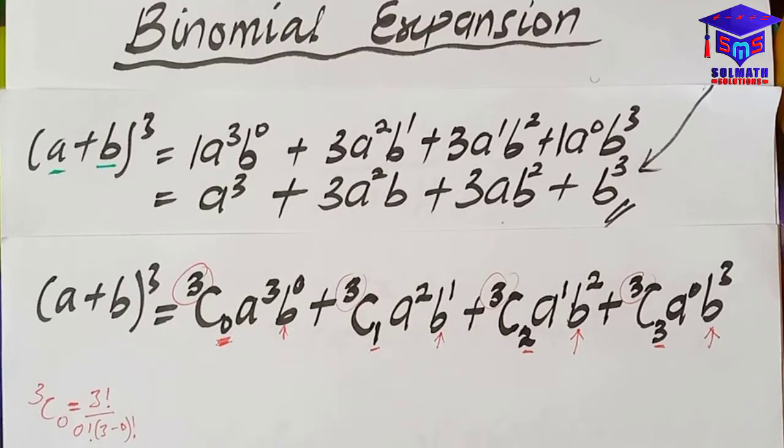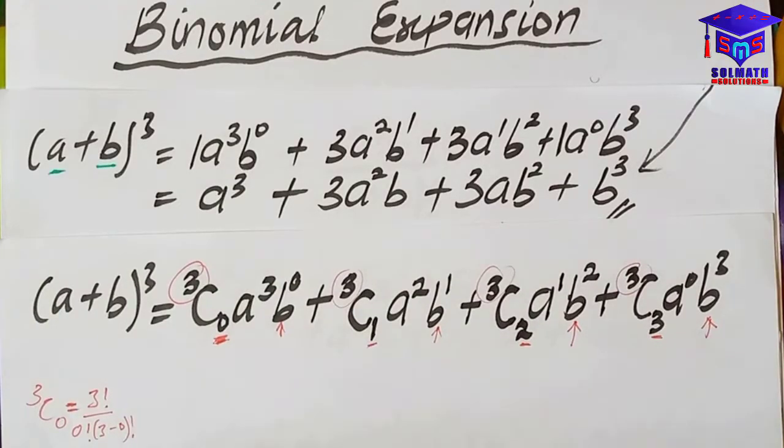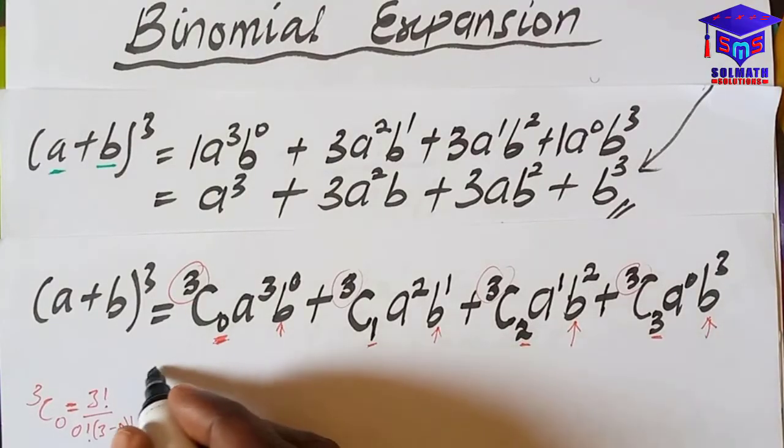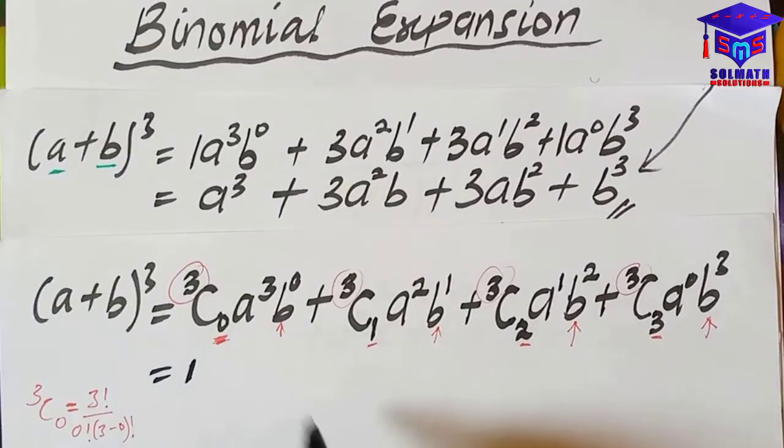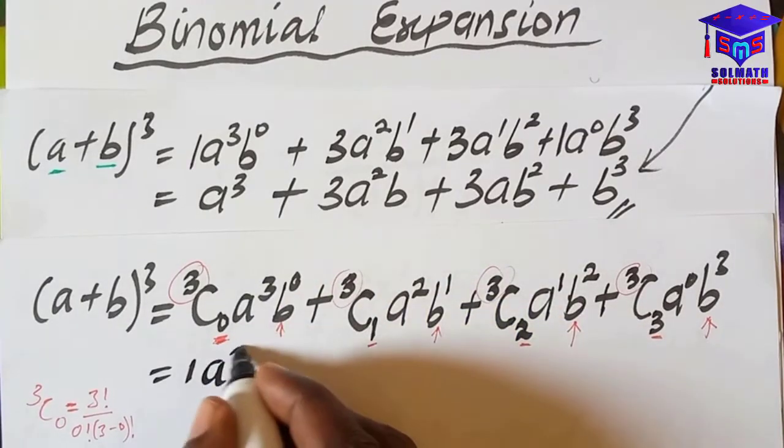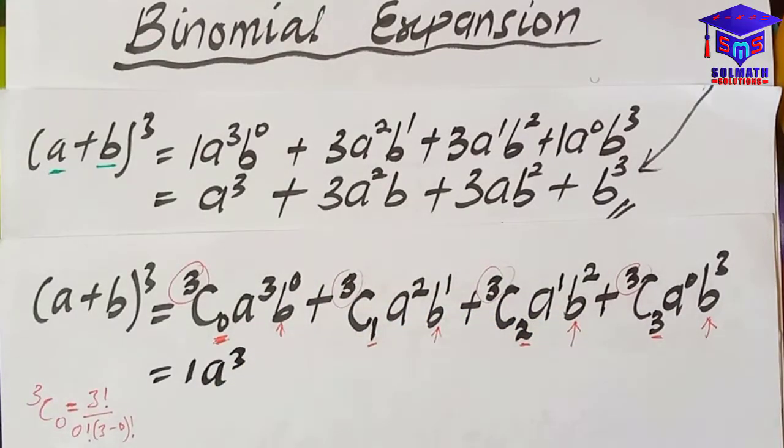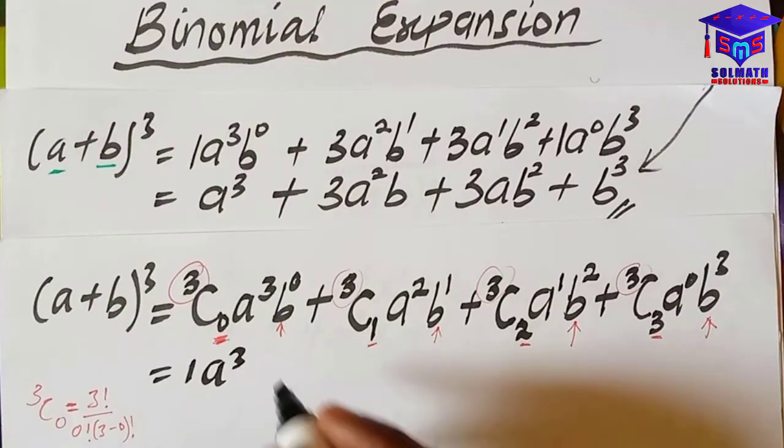Then this whole thing will go, 1 here and 1 here. So this is equal to 1. Is that right? So 3 combination 0 is equal to 1. And then we have a to the power 3. b to the power 0 is 1, so we leave it like that.